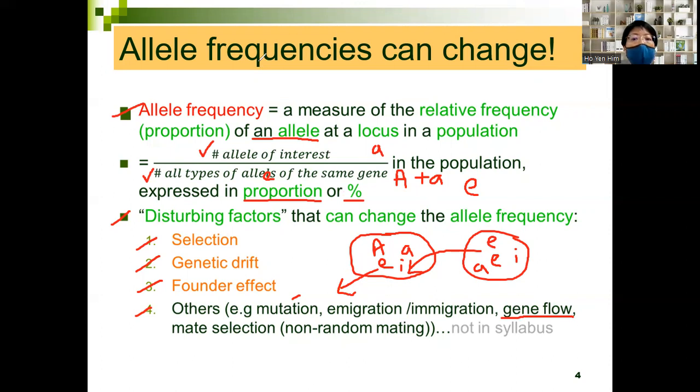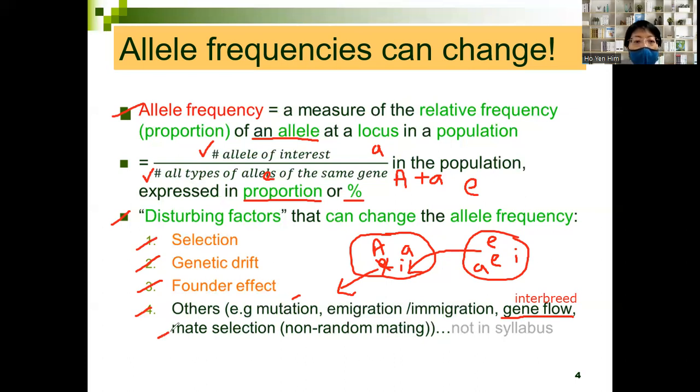So when an individual from here comes into this population and interbreeds with individuals here, it may bring in a new allele. Let's say, for example, there is no more E here because of migration. Then this E comes in and interbreeds with small a, and it produces small a, small e. Then there's a gene flow, and the small e is introduced into here. So again, a change in allele frequency.